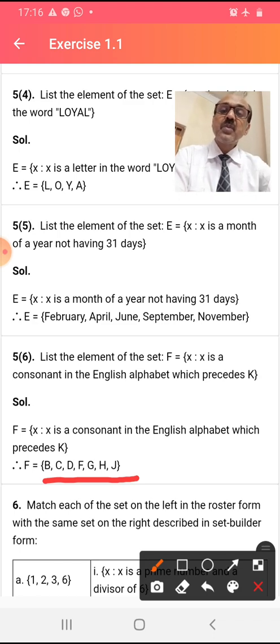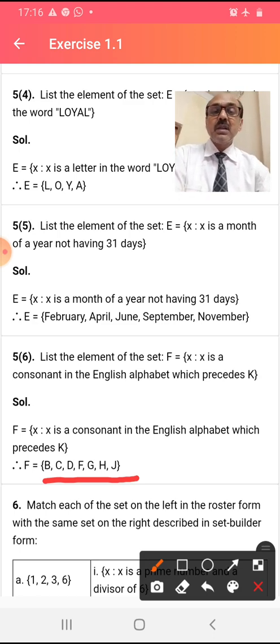Now after that, different types of sets. Some different types of sets are there, like the empty set. So what is an empty set? A set is said to be an empty set if it does not have any element.